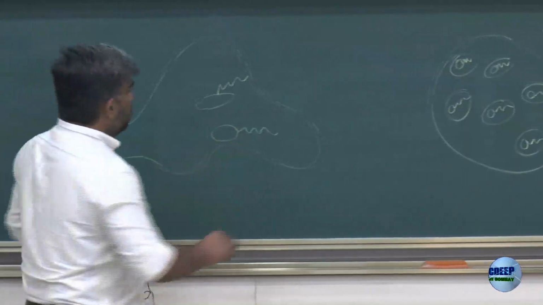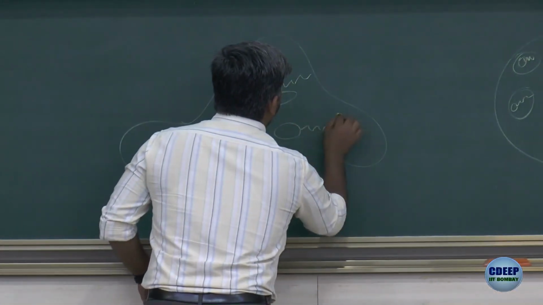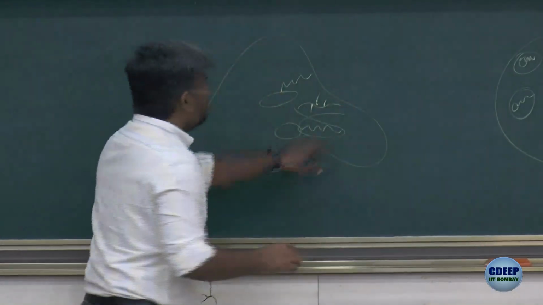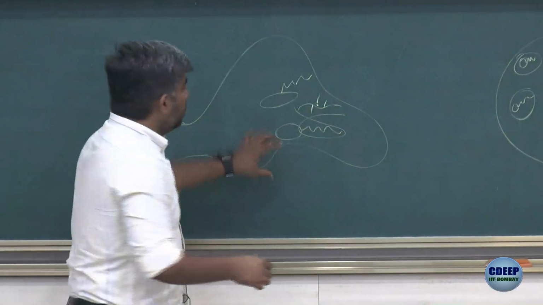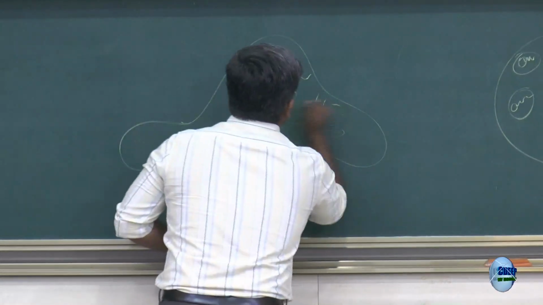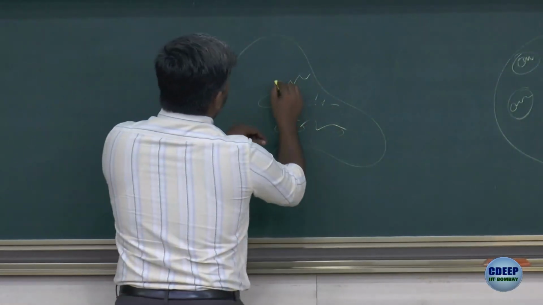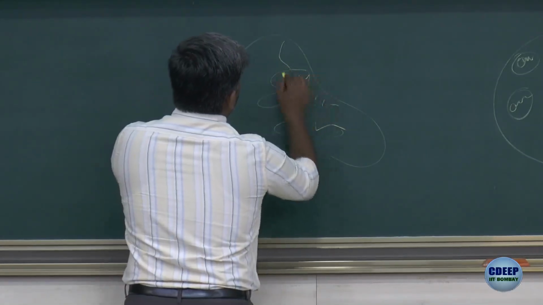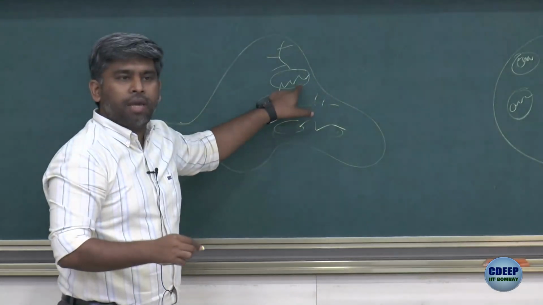What happened? How did I draw that structure? This glypican or something comes and packages, right? Now, let's say this is your glypican which comes and attaches to this side.